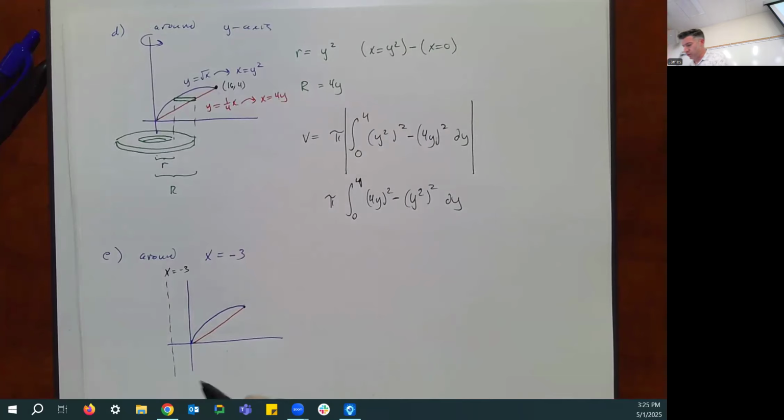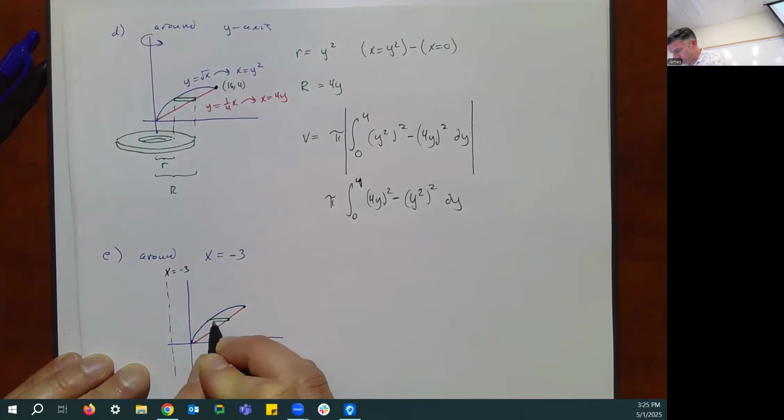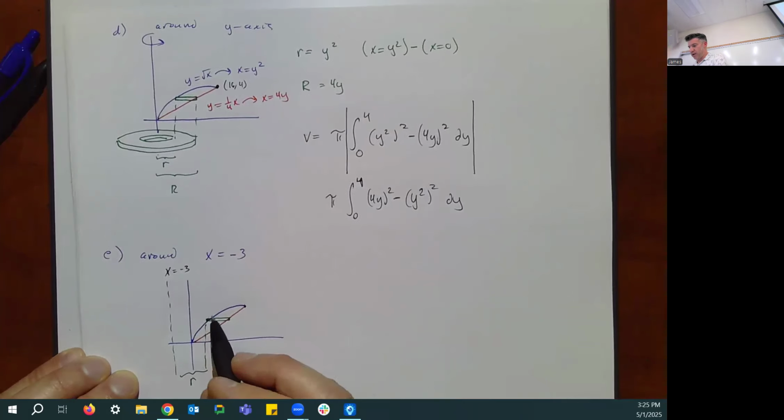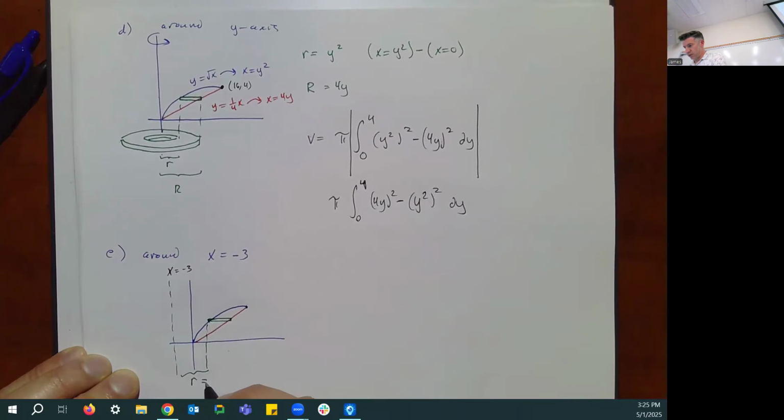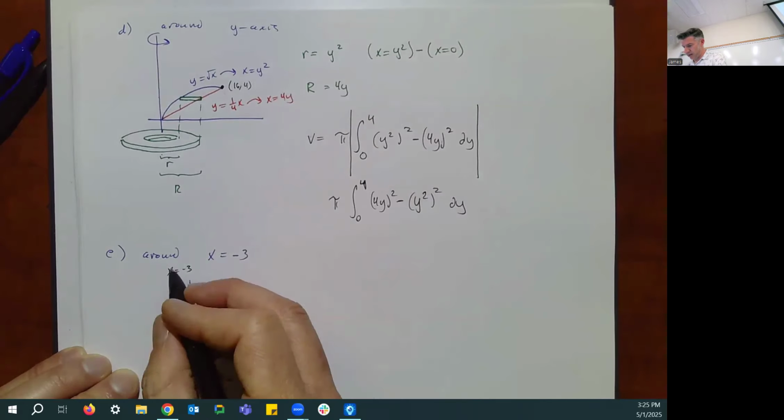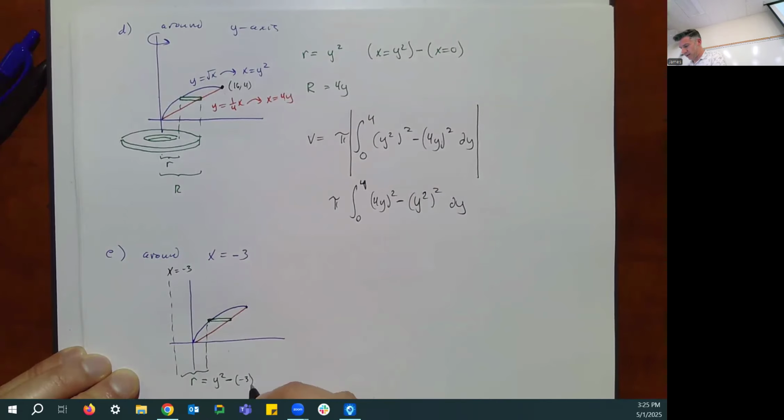And they do. When we draw our horizontal strip, my inner radius is just going to be my closer function, which is x equal to y squared, minus my axis of rotation, which is -3.